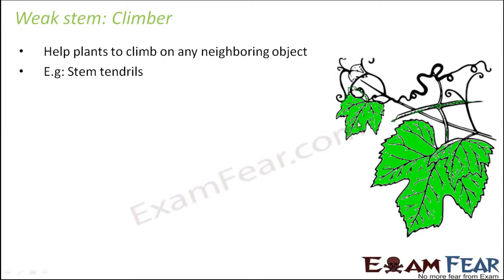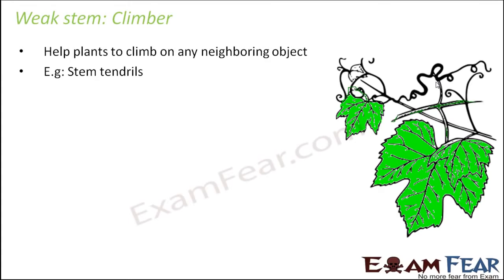We will talk about stem tendrils in detail again. Here in this picture, you can actually see stem tendrils like this. They are extremely weak structures and very flexible. So here you see these tendrils. Since they are very flexible, it becomes very easy for them to wrap themselves around any object, and that is how it helps in climbing.